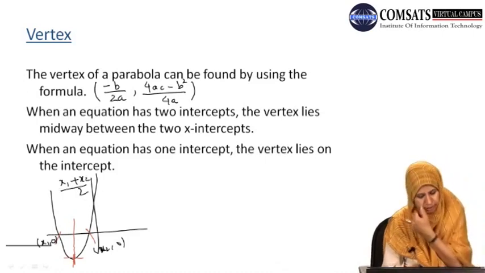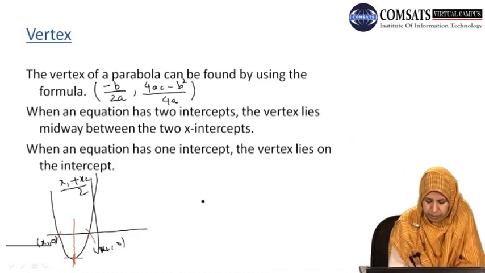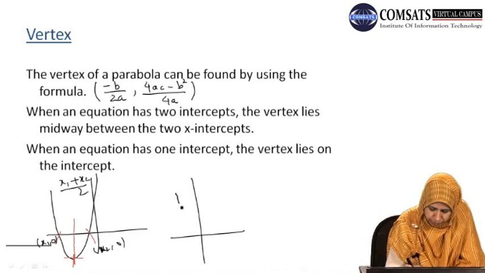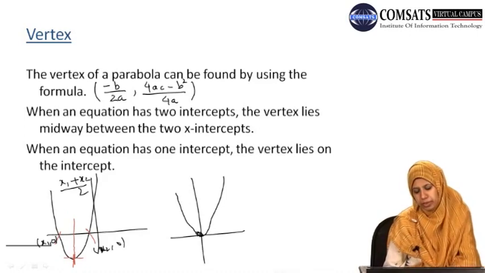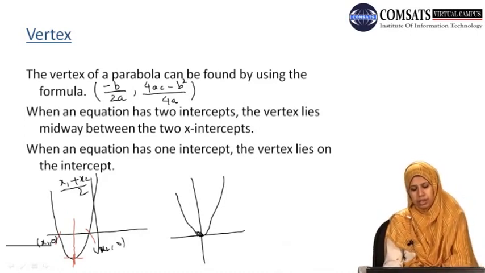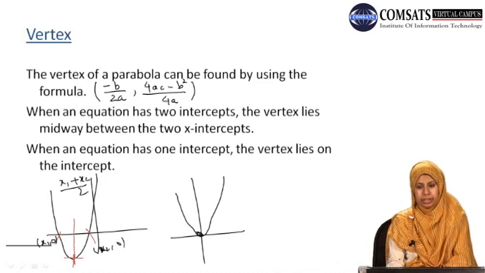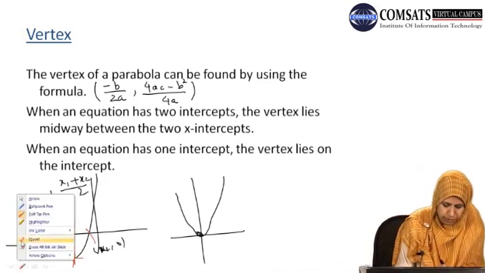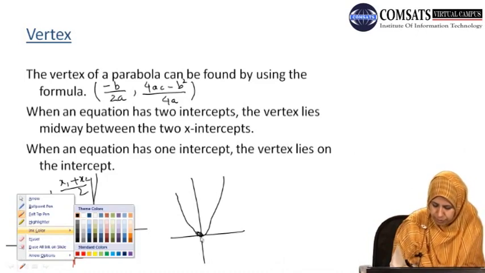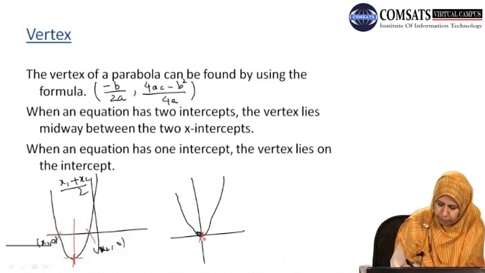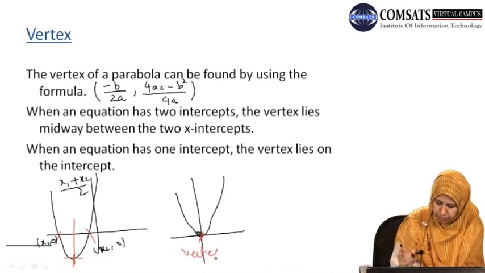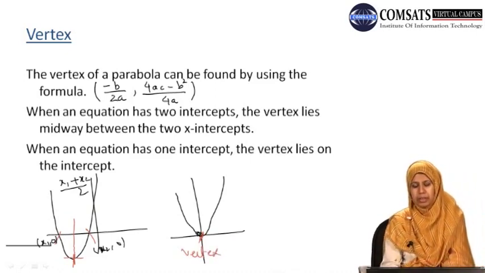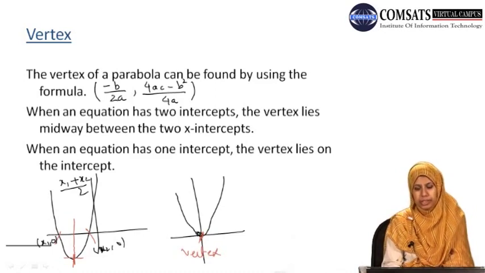And if an equation has only one x-intercept, like this, then in this case the vertex will be the x-intercept basically, that is this point will be the vertex. In case of one x-intercept, that x-intercept will be the vertex, and by knowing the x-intercept, we can easily find the x-coordinate of our vertex.